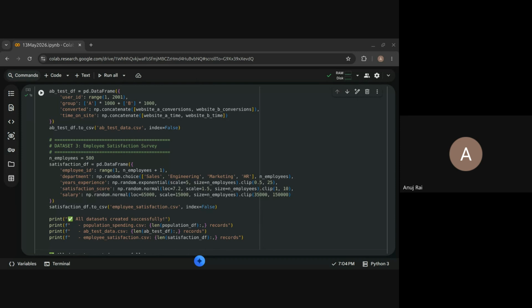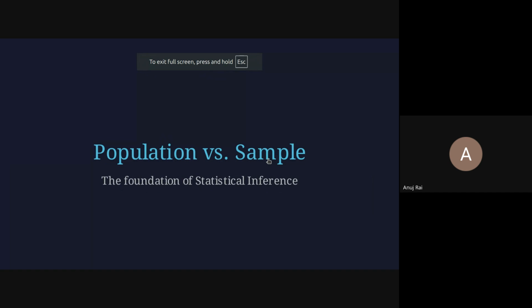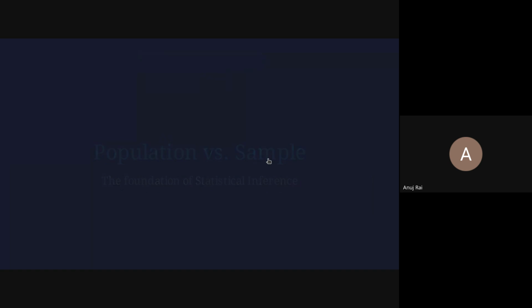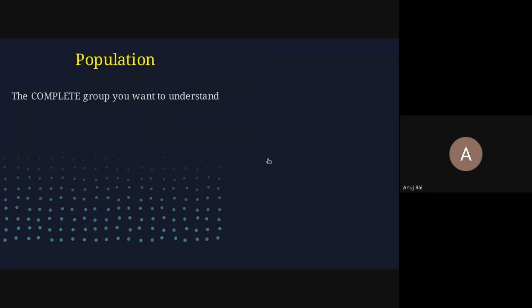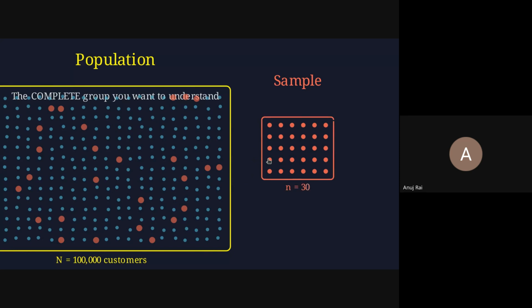That is the data in your hand. So population versus sample is the foundation of statistical inference. The population is the complete group you want to understand, let's say n equals 1 lakh customers. You can't survey all the customers, so you take a random selection and select a group of 30 customers. That is the difference between population versus sample.